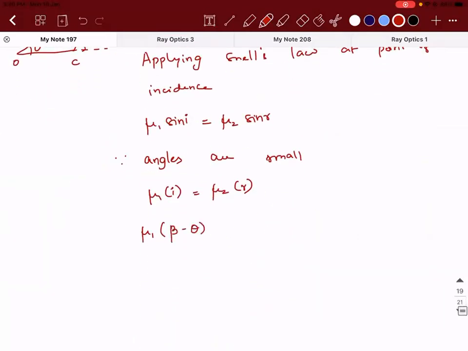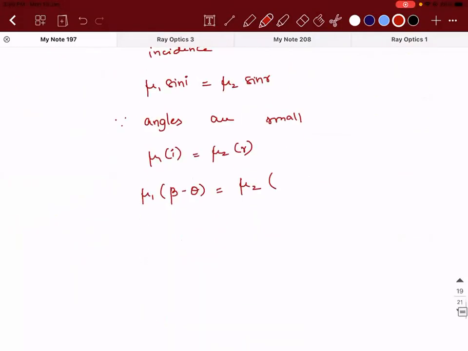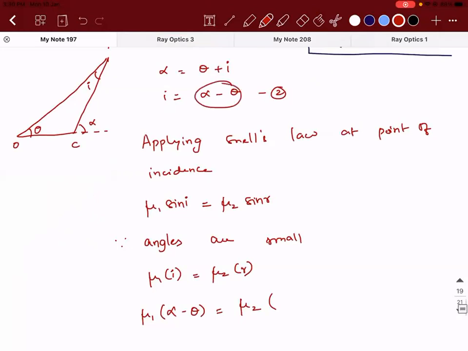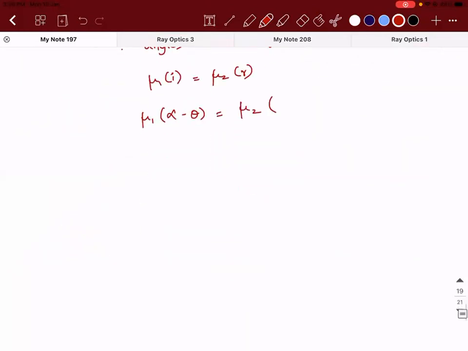Beta minus theta is equal to mu2 into, what is the value of R? Sorry, alpha minus theta, right? Are you able to understand where I'm substituting from? I is alpha minus theta and R is beta minus theta.